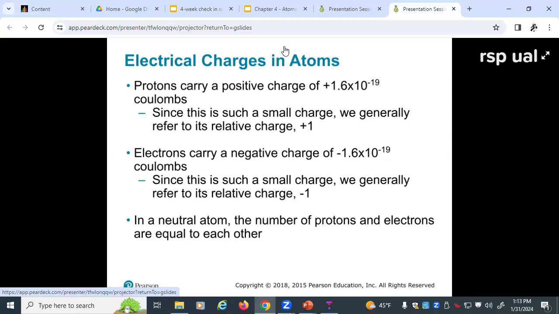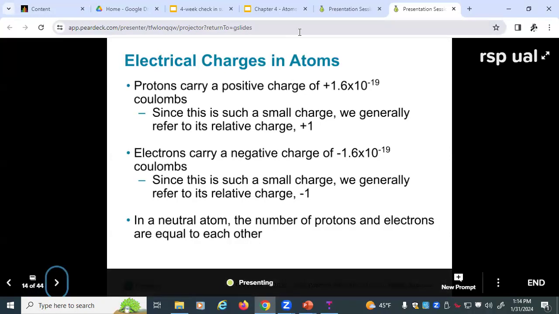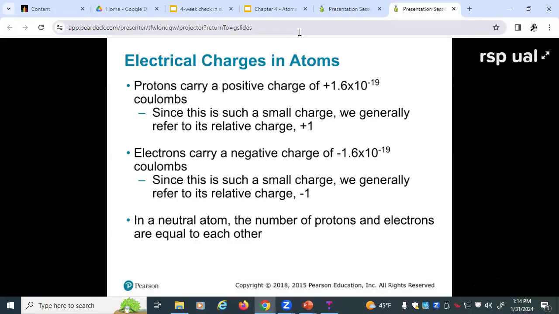It's electrically neutral, meaning it has no extra positives, no extra negatives. Now, we'll talk about what happens when that isn't the case, when we have extra protons or extra electrons. Those get into a different category of atoms that we call ions. But let's focus on the neutral atom for right now. And in the neutral atom, equal amounts of each.